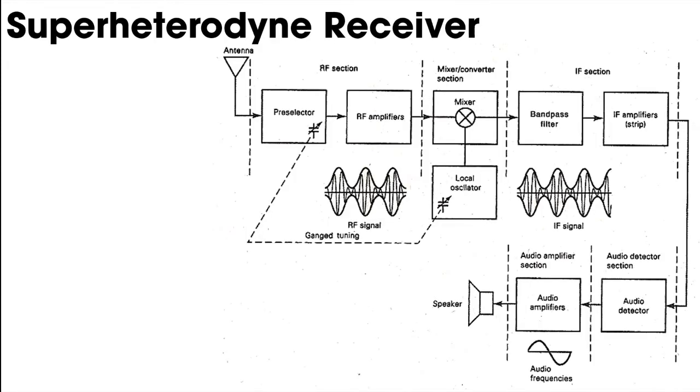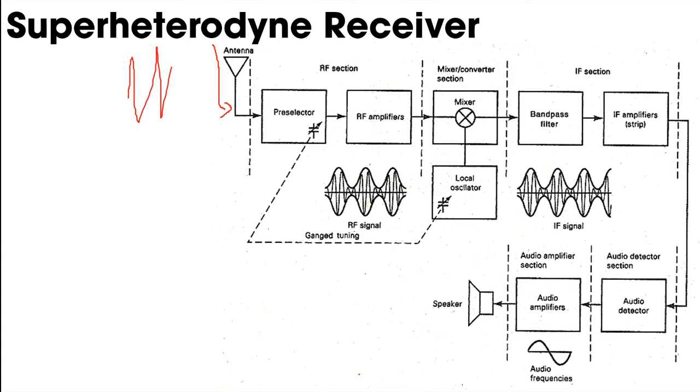Now, what happened in the superheterodyne receiver is that first we receive the signal, which is in the form of radio waves, and then our preselector performed an initial band limiting, and then the RF amplifier amplified the radio frequency to a more usable level.